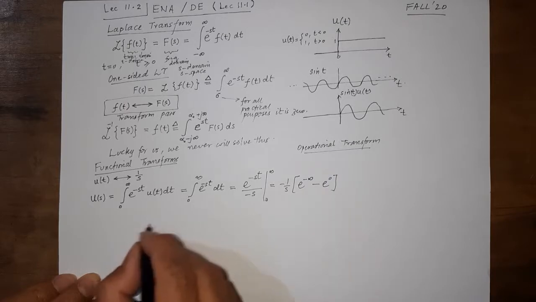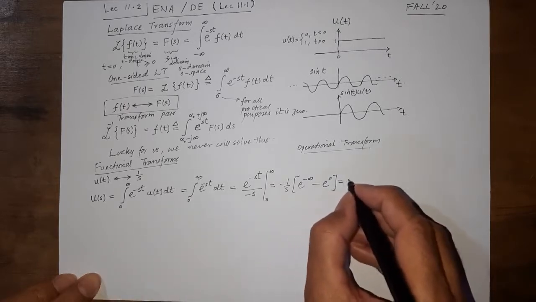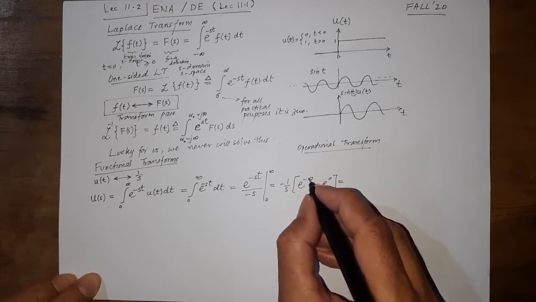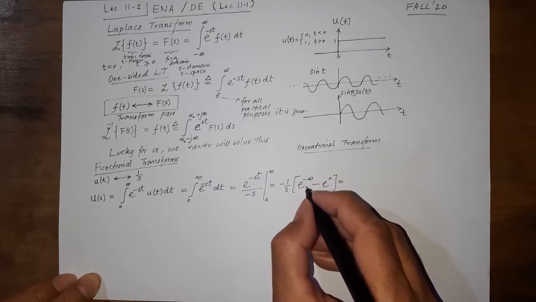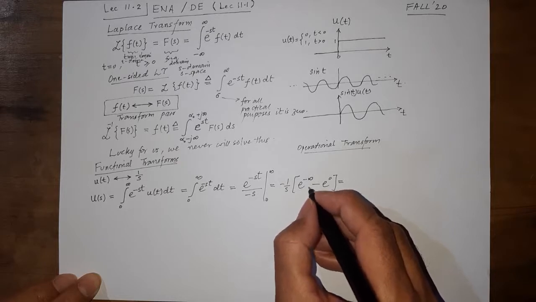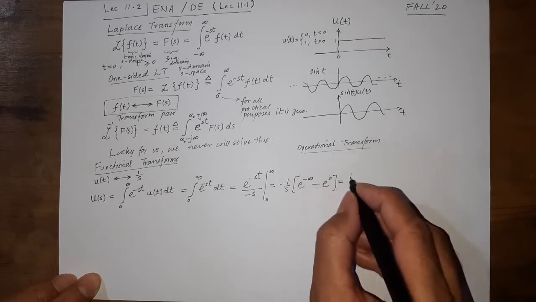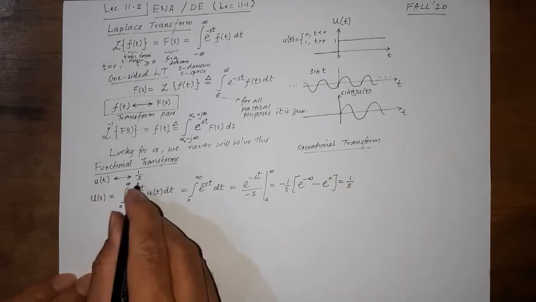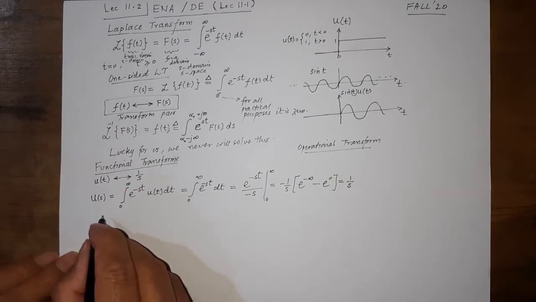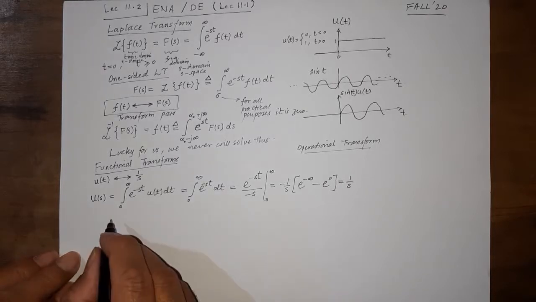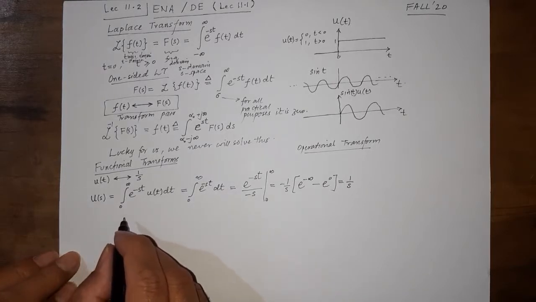So what do we get? This is 0. e raised to the power minus infinity is 1 over e raised to the power plus infinity. e raised to the power plus infinity is infinity. 1 over infinity is 0. 0 minus 1, so we get 1 over s. So this is proven.